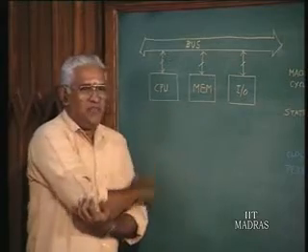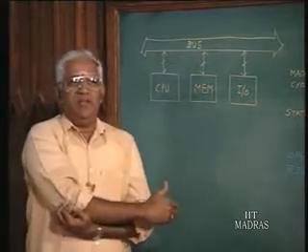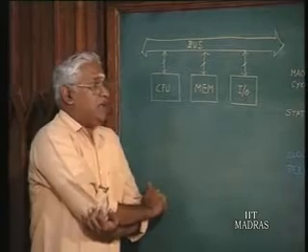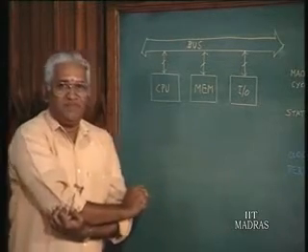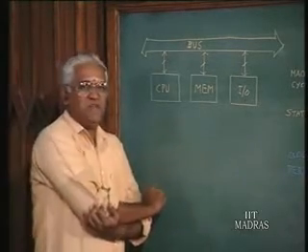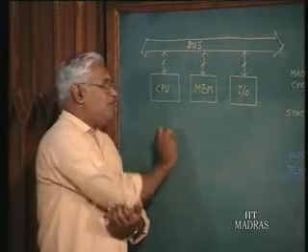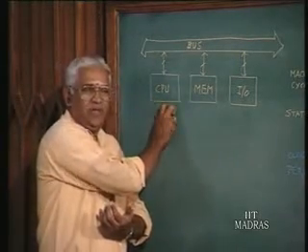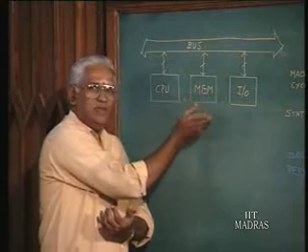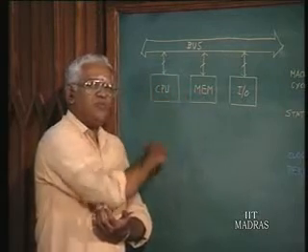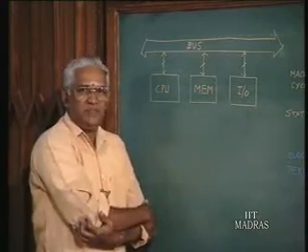Though we may identify each of these as CPU, memory, etc., we cannot study them in isolation. Some kind of interaction will be there, but first the focus will be on the CPU and then later on the memory, and in between we will also focus on the interaction.